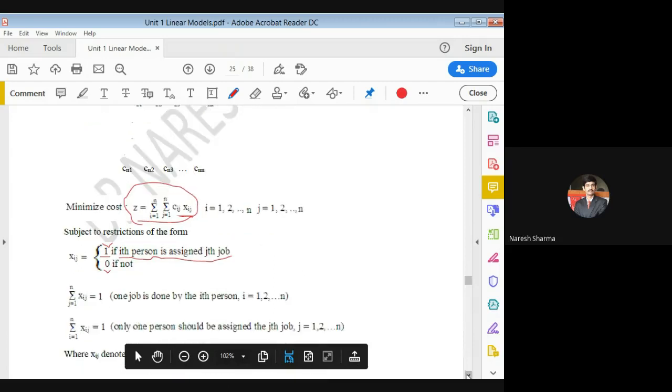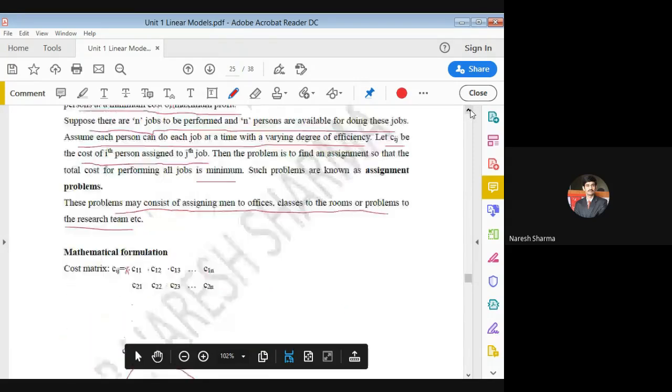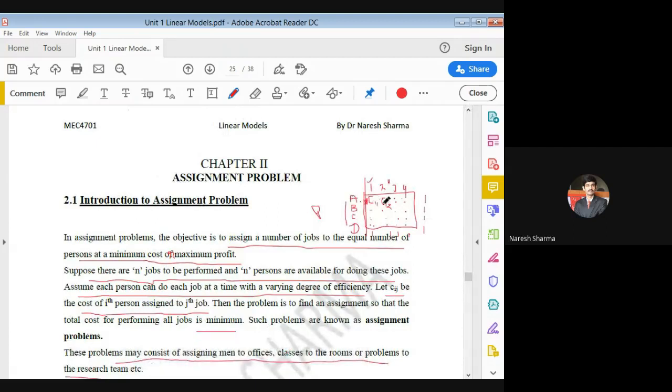As I already discussed, in each row the sum of x should be 1, and in each column also the sum of all x is 1, because we give only one allocation in each respective row and column. This person goes for only one job, maybe first, maybe second, maybe third, but not more than one job.